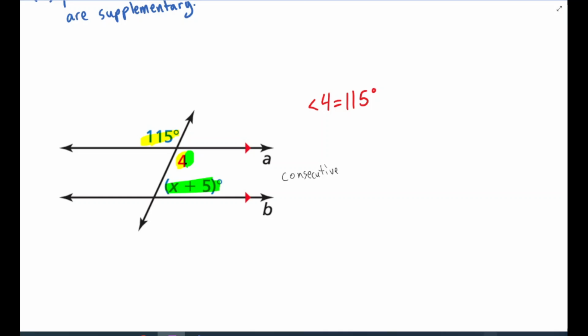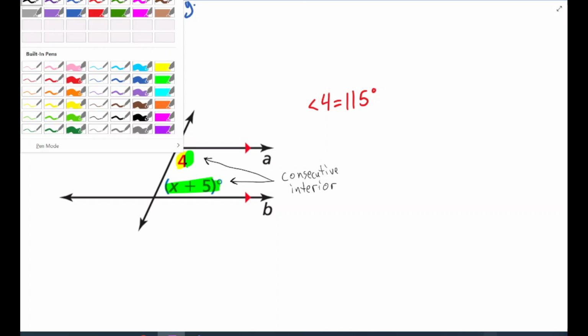Which means by our consecutive interior angle theorem, we know that those two angles are supplementary. So they will add up to 180 degrees.